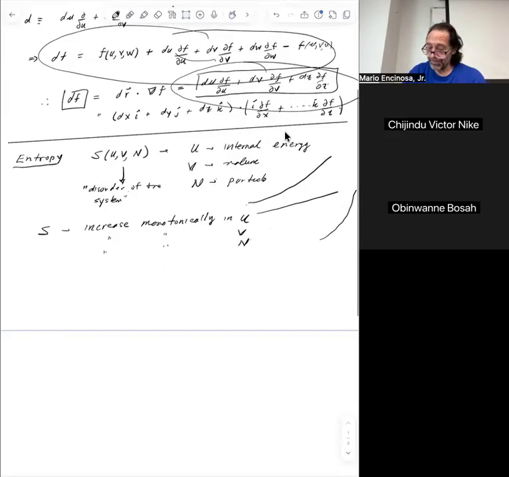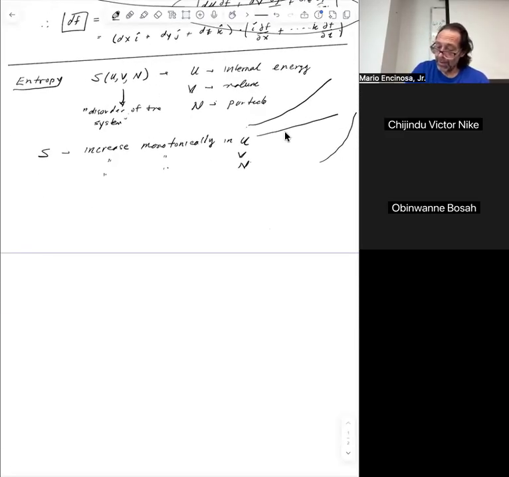Why is that important? Because if S is monotonically increasing, this is really where thermodynamics in the late 1800s started. If it's increasing monotonically, then you can invert it. Do you guys remember? I don't know if they teach this in high school still.